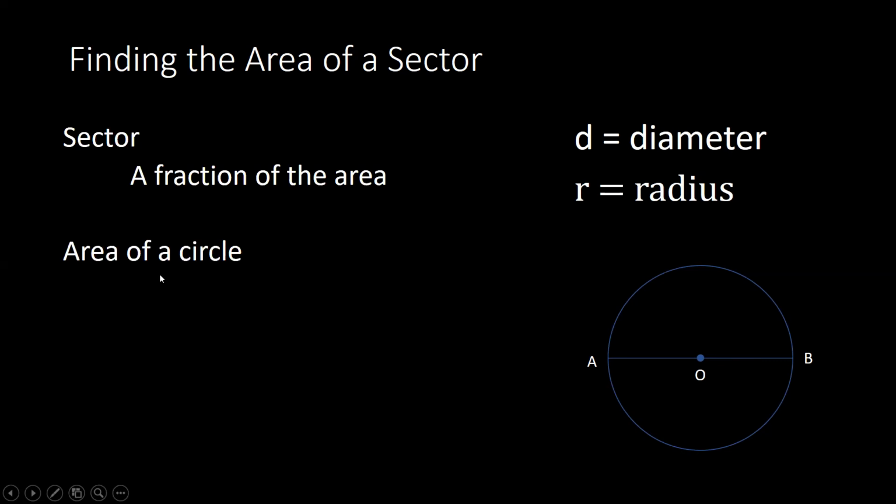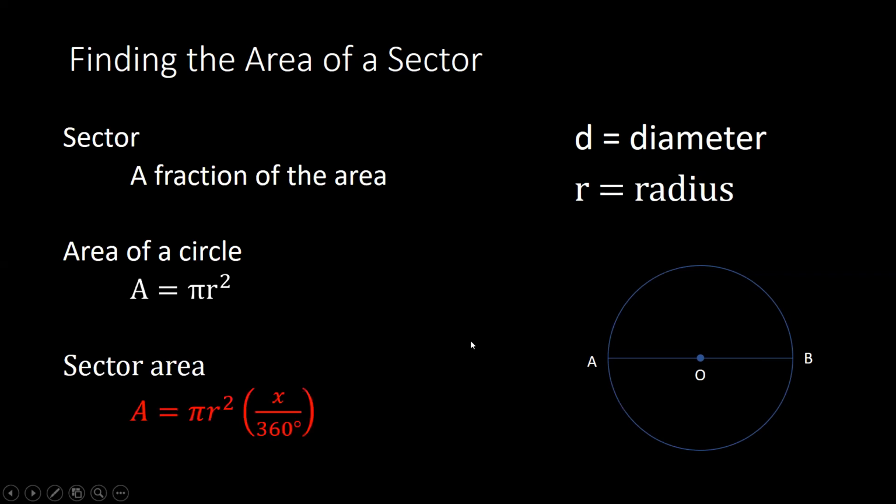The circle area will be pi r squared. Then the sector area will be the proportion of the sector over the whole circle, which is pi r squared multiplied by this proportion x over 360.